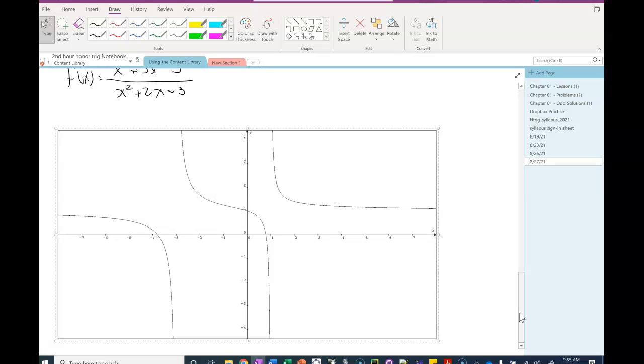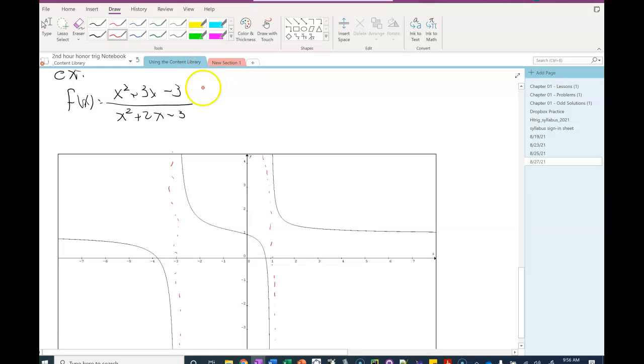But this is the graph of what I just typed in there. So I see a vertical asymptote here at what looks like -3, and a vertical asymptote here at +1. Do you remember how we find the vertical asymptotes for a rational function like that, from last year? You just set the reduced denominator equal to 0 and solve.